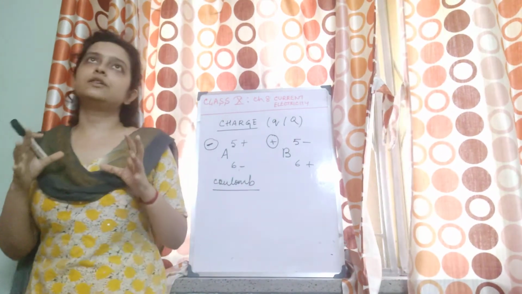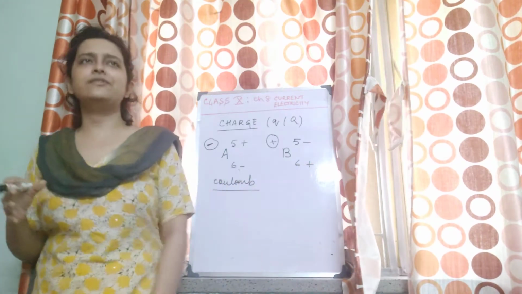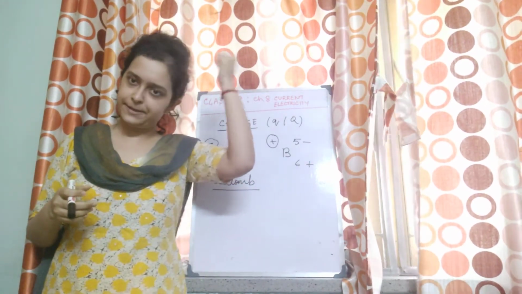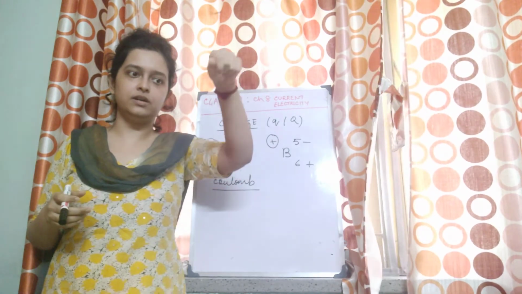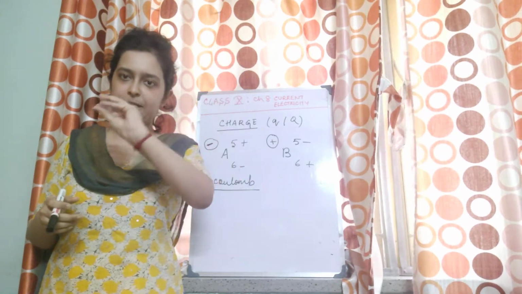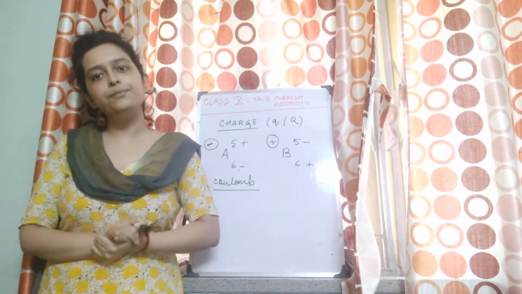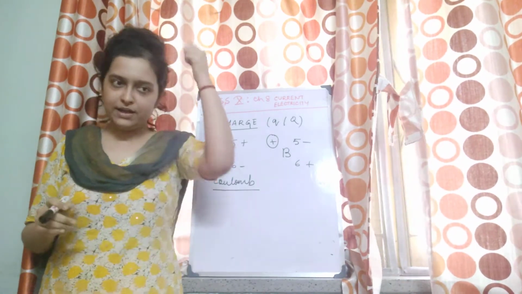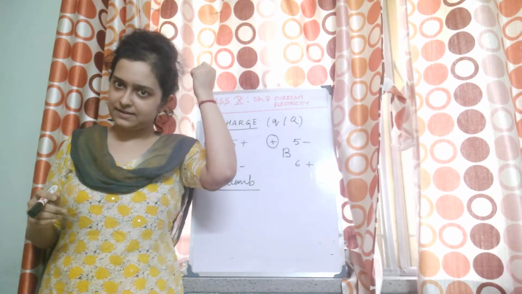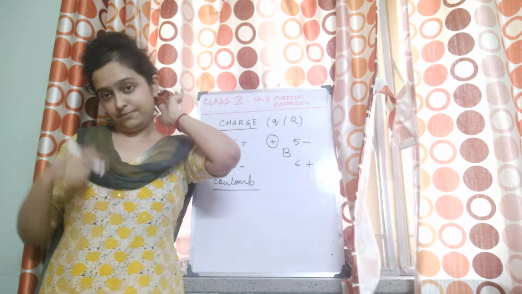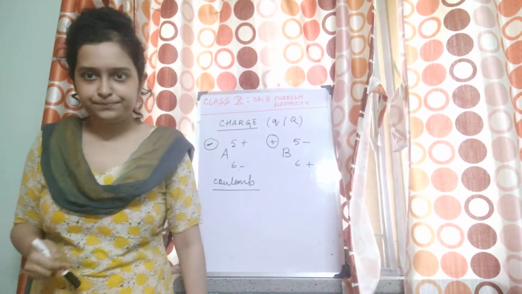Now, in the previous classes you have seen that when you comb your hair a lot of times and then you hold the comb in front of bits of paper, they get attracted to the comb. Why is this so? Because while you're combing your hair, the electrons from your hair get transferred to the comb.